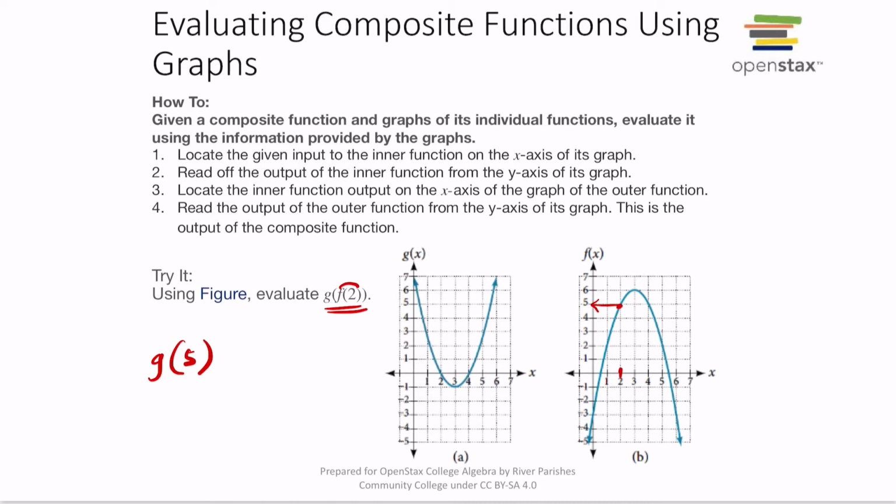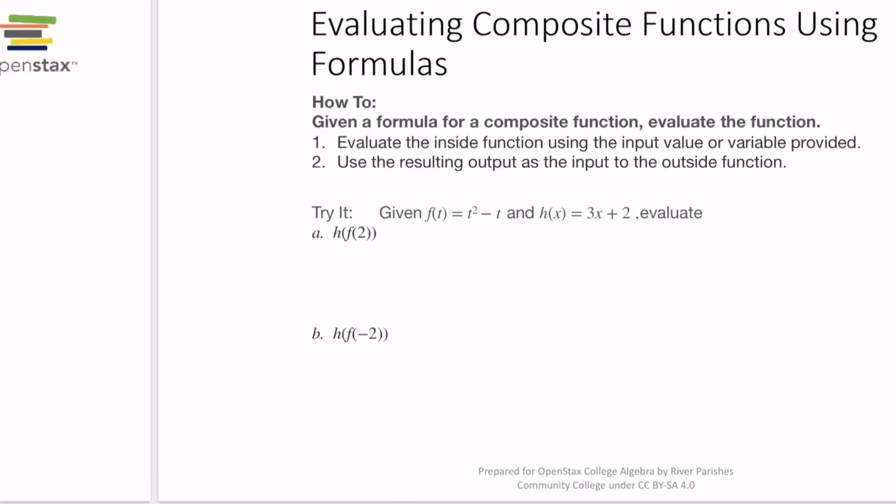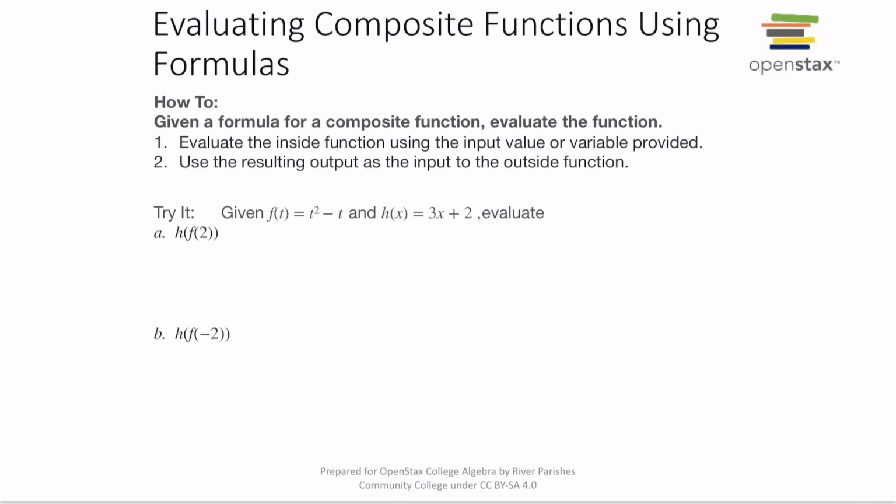On g of x, wherever the value is 5, check where it intersects with the axis, that value is 3. So we found that f of 2 is 5 and g of 5 is 3. So this is how we evaluate from the graph. Now use the same principle here and try to find out these problems. So pause the video right here and try to solve these problems.